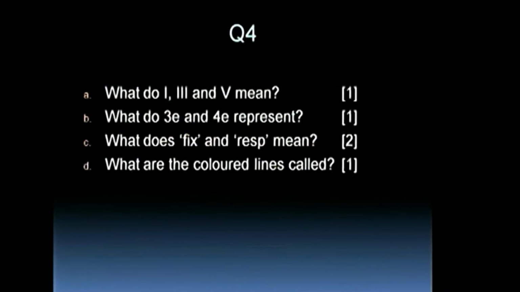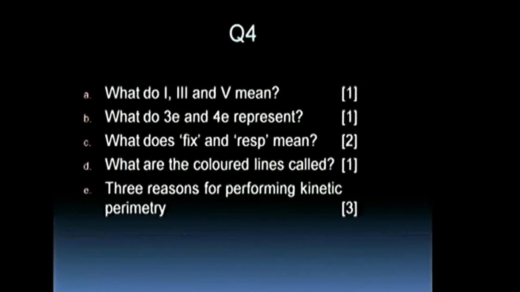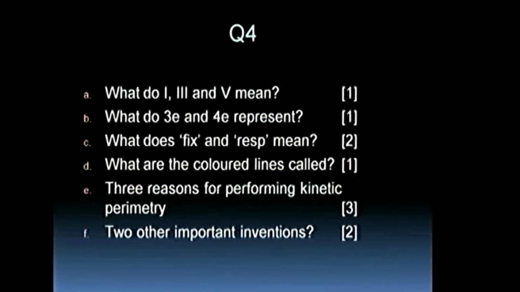What's the name given to the colored lines? Give 3 reasons for performing kinetic perimetry rather than automated perimetry. And give 2 other inventions by this ophthalmologist who invented this test.